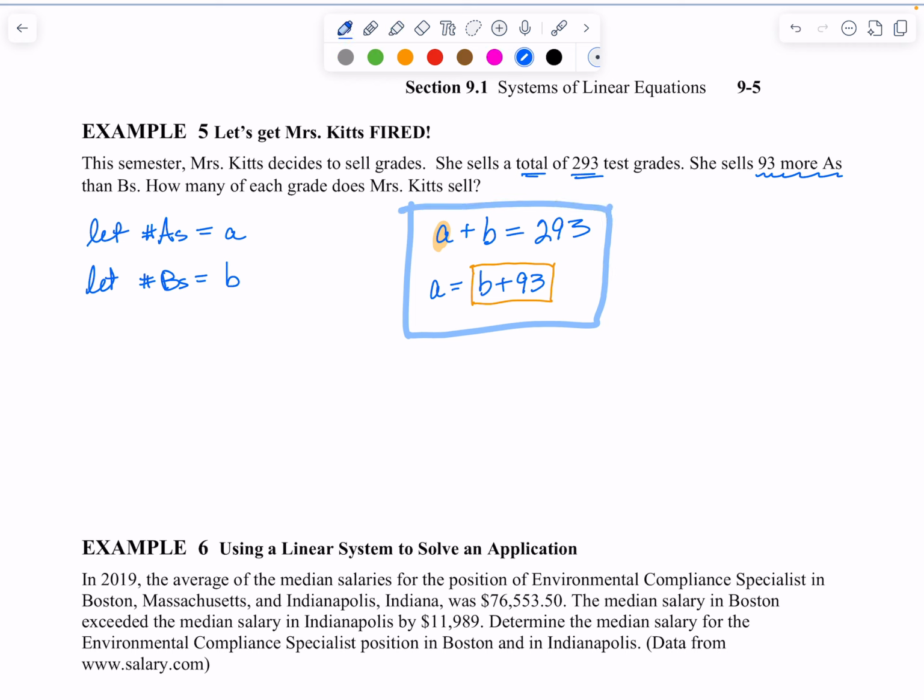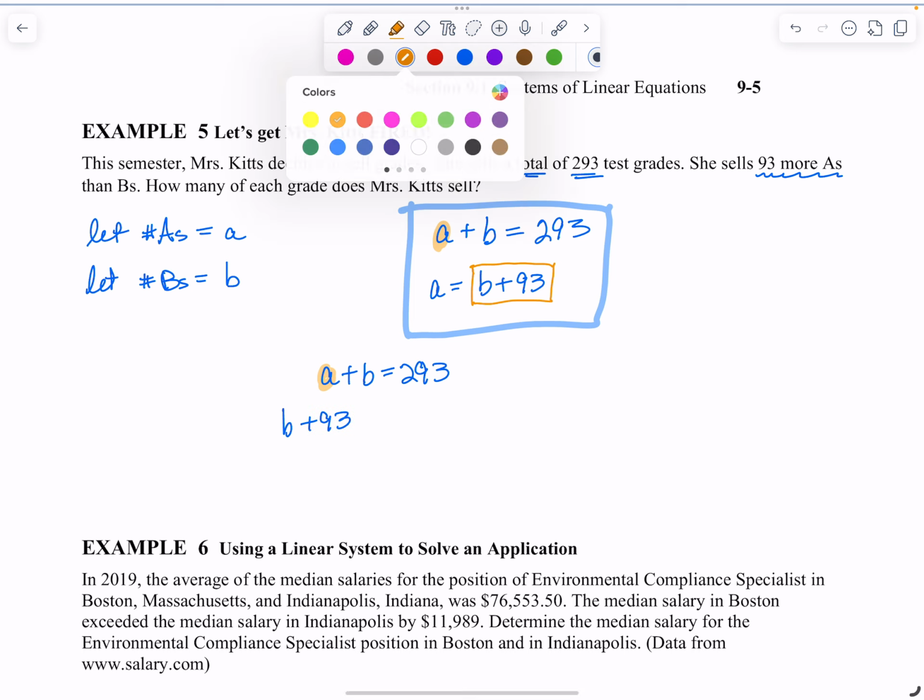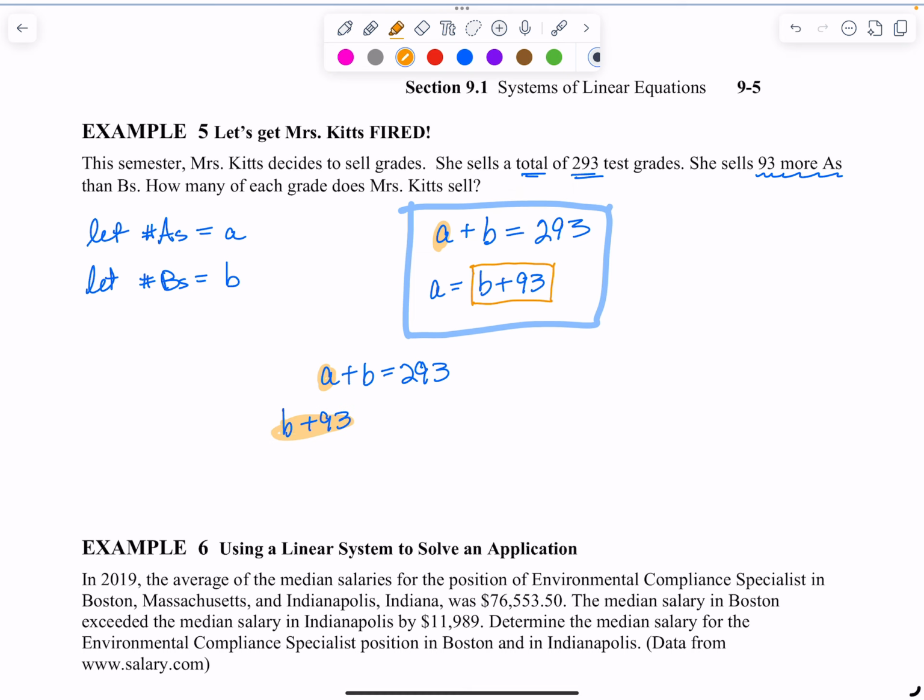I'm going to have A plus B is 293, but instead of A, I'm going to stick B plus 93, right? So that's going to go in for my A, plus my B is equal to 293.